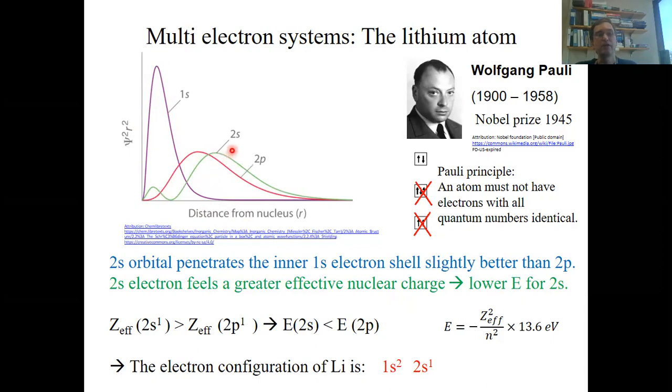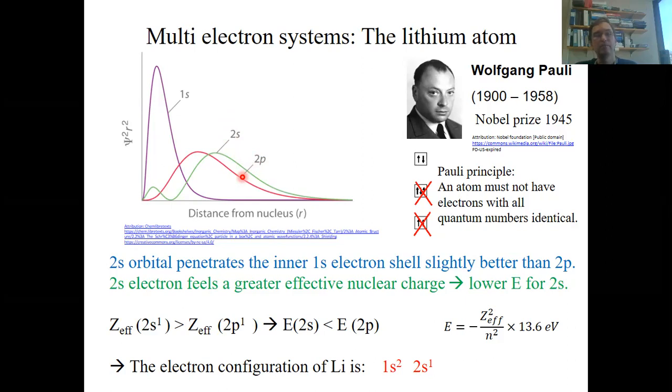Okay, and for that reason, the 2s orbital experiences a somewhat greater effective nuclear charge than the 2p orbital. And for that reason, the energy of the 2s orbital is somewhat lower than the energy of the 2p orbital.